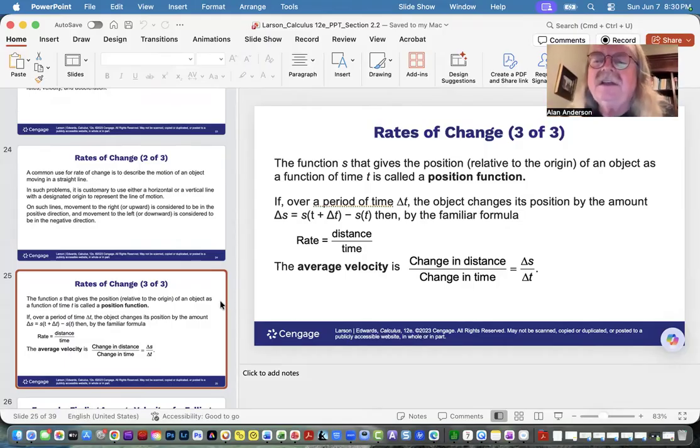Let's say it's an electron. And so what they're telling us is that over some interval, the average velocity is the change in distance over the change in time, or delta S over delta T.